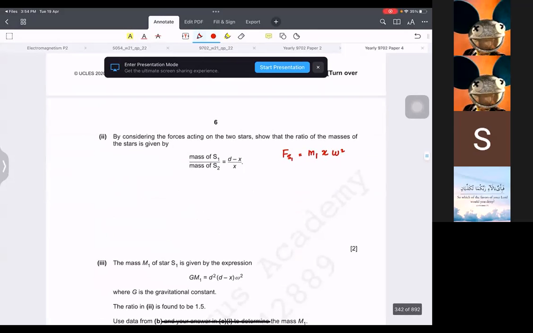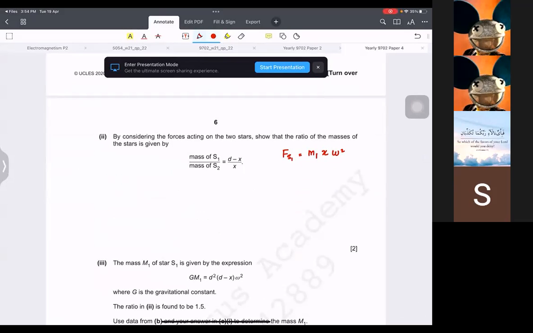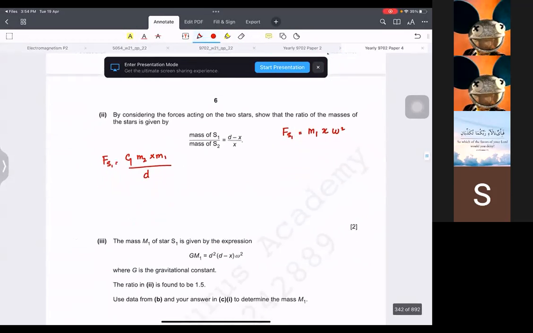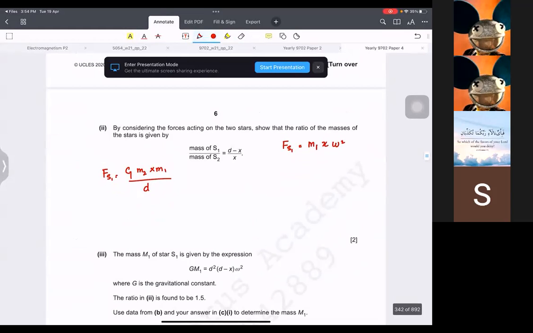And the force on S1 is also equal to G times mass of 2 times mass of 1 over the distance between both of them, D squared, as I can see here. So now you can put them equal.